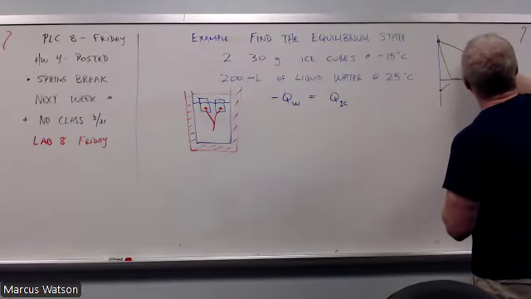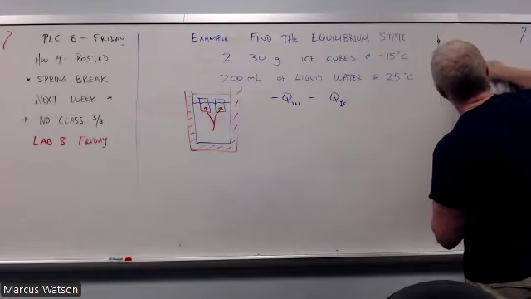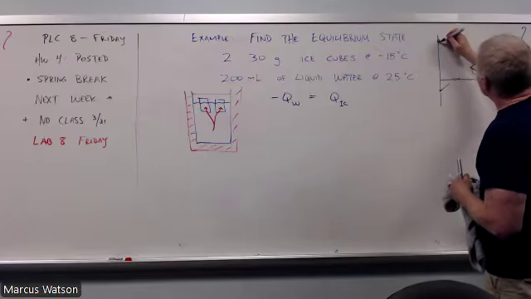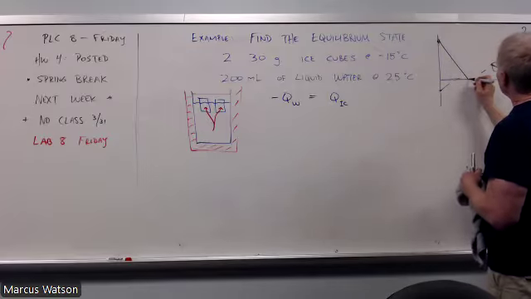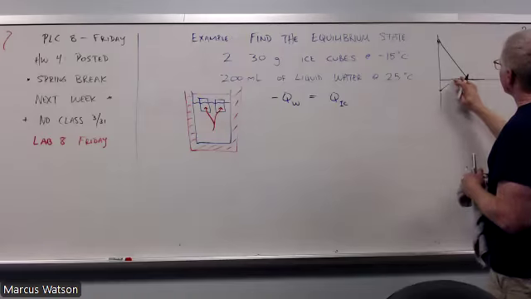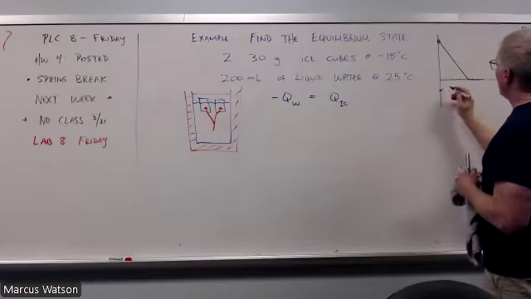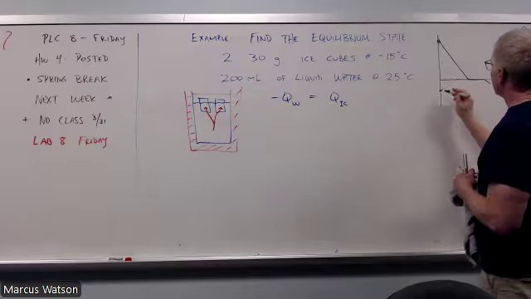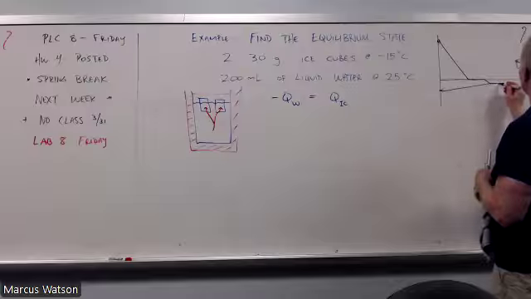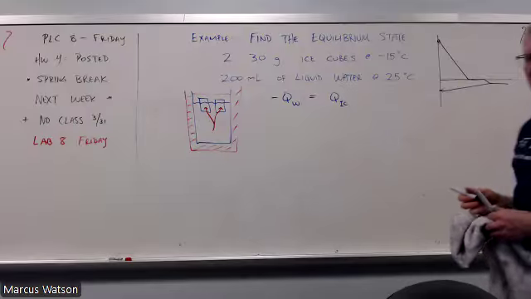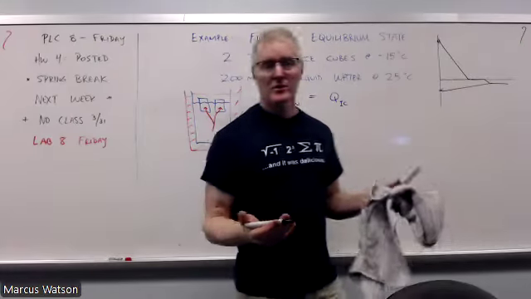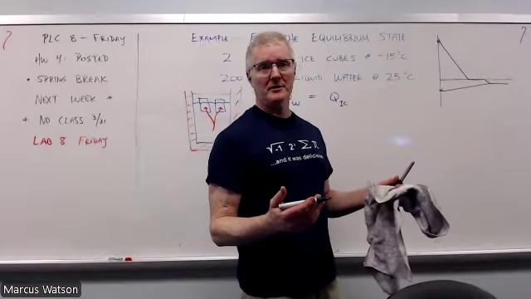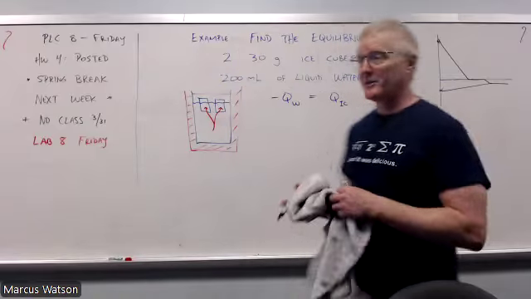Perhaps the liquid water drops in temperature and freezes, and all the while this ice is heating up, and they come to equilibrium there. In other words, they have frozen the entire 200 mils of water. That's also a possibility.